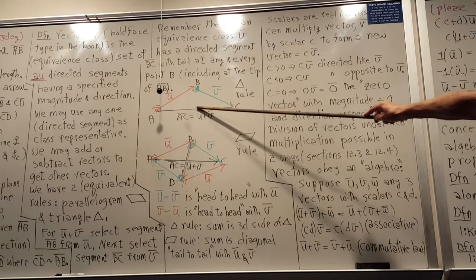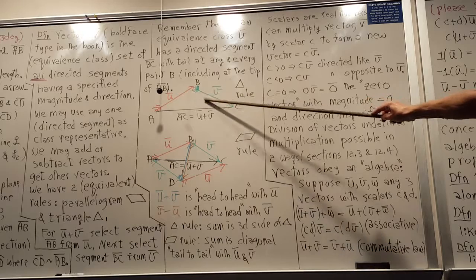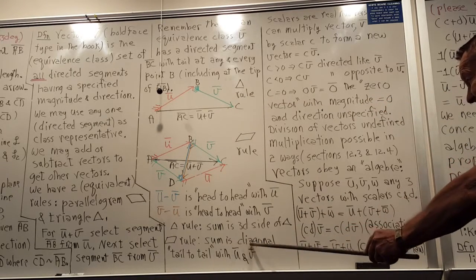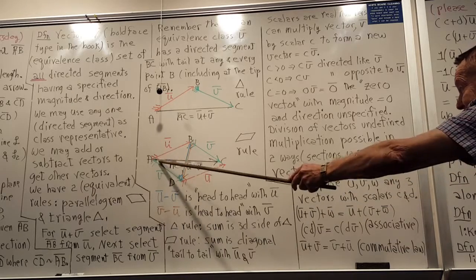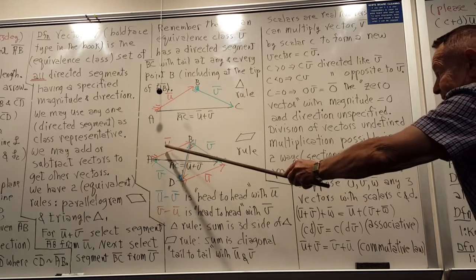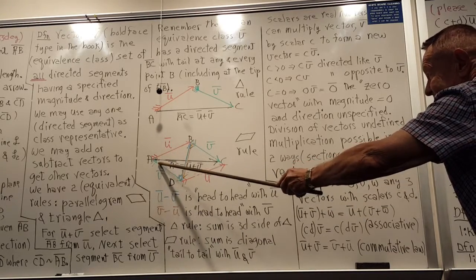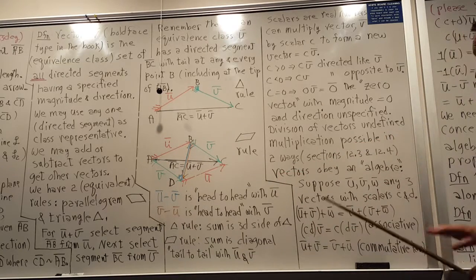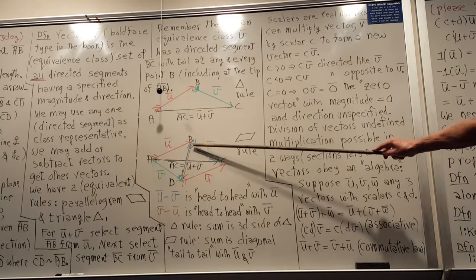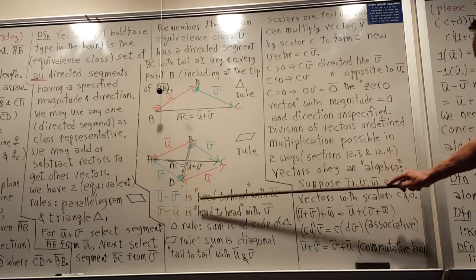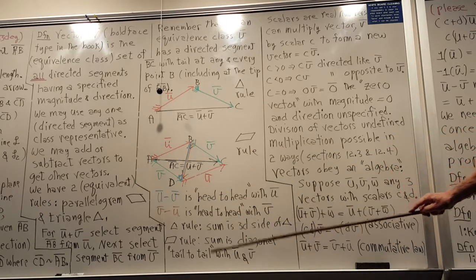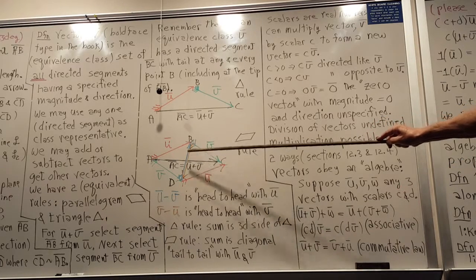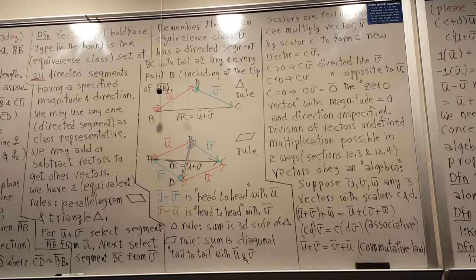So if all you're trying to do is draw the sum, you could do this. In the parallelogram rule, the sum is the diagonal here that's tail to tail with the two vectors you're adding, if you place them tail to tail. And then the differences, the two, are as I've already written. So you want the parallelogram rule if you want to draw the vector differences.